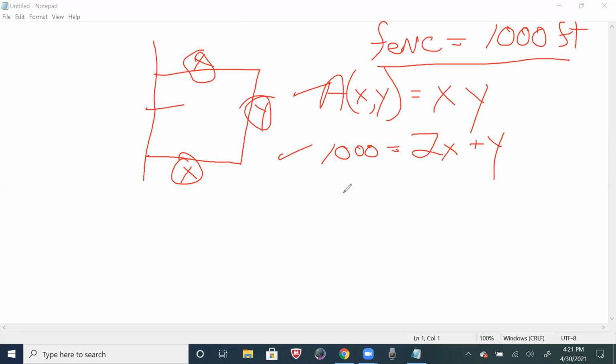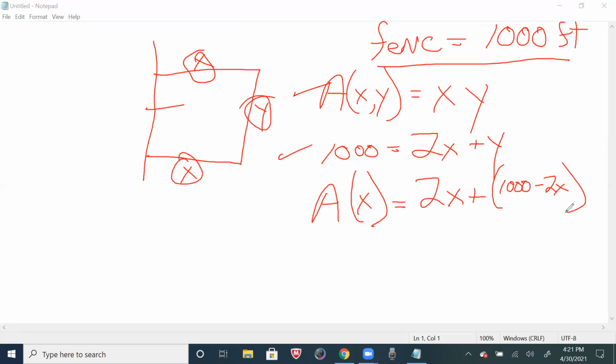So if I want the function as a function of x only, then it's going to be 2x plus, and what is y? Y is 1,000 minus 2x. So there's my area function.